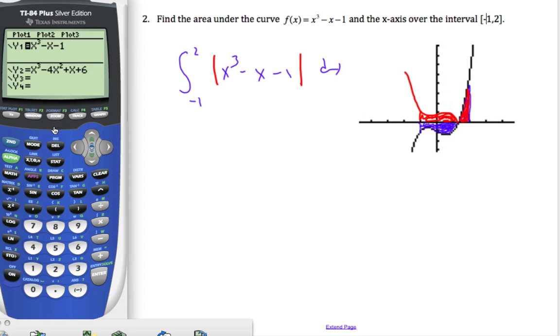So let's go over here and let's insert my absolute value. Oh, dang it. All right, so x to the power of 3 minus x minus 1. And I have to delete all of it. Oh no. Let's go to the end.